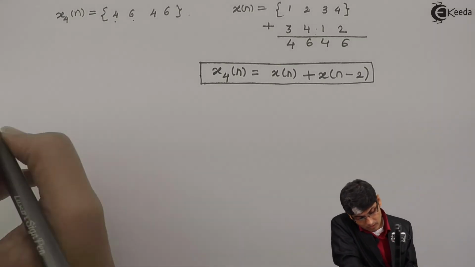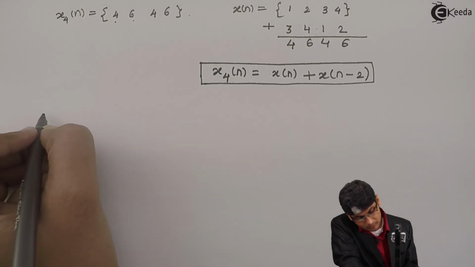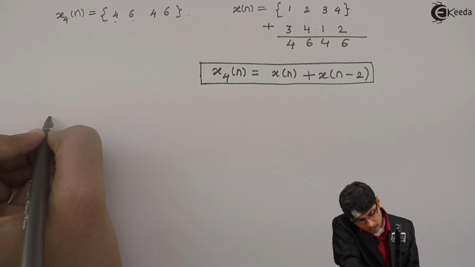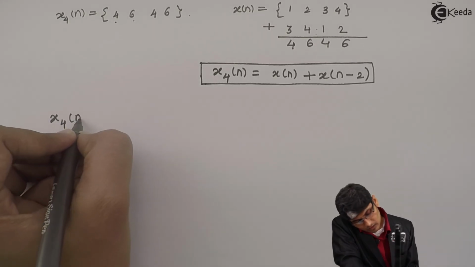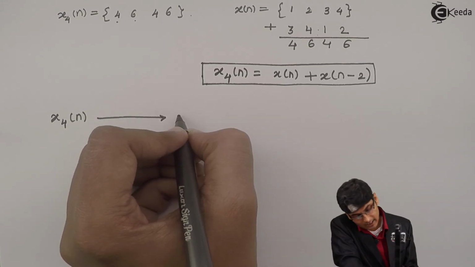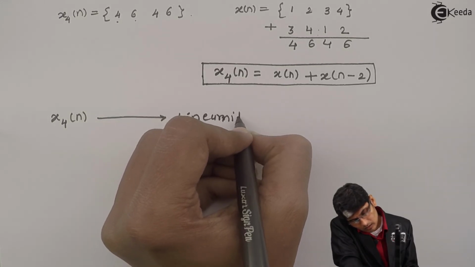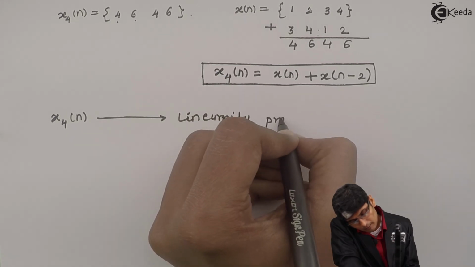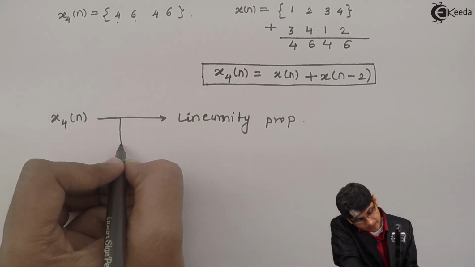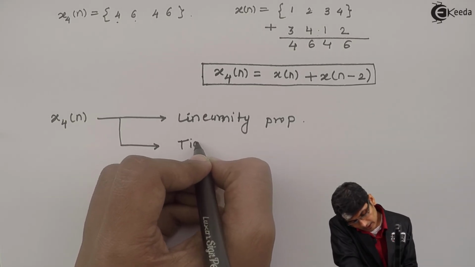Now, to get the DFT, in this problem we have two operations. One is it has an addition sign, that means it looks similar to the linearity property, and then the second operation, it also has a time shift.